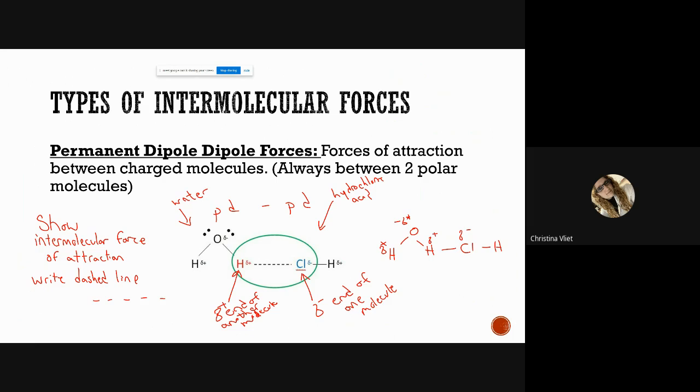You use the dashed line to show intermolecular forces, whereas you do a single line to show a covalent bond. What I wrote there is absolutely wrong, but something I've seen students write on the Unit 2 type test. Don't do it. Don't be that person. Am I good to move on? I like to show you what I've seen before just to point out that this is wrong.